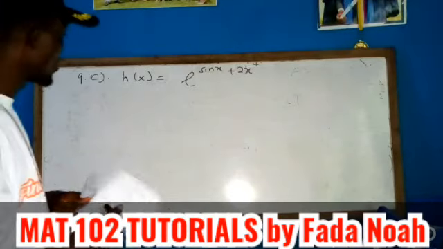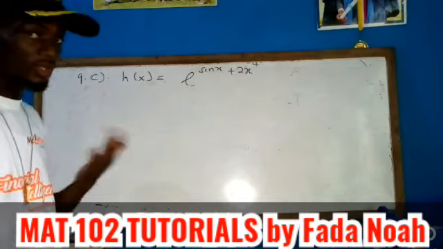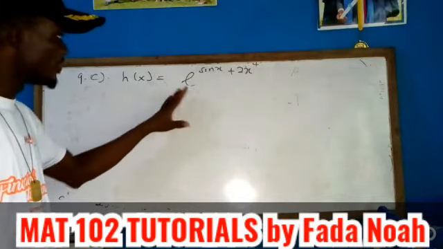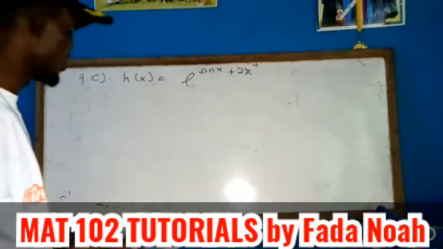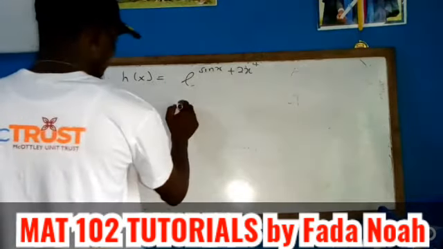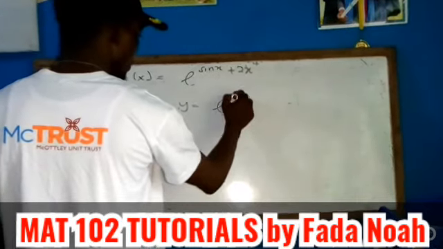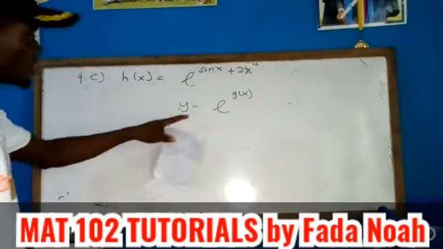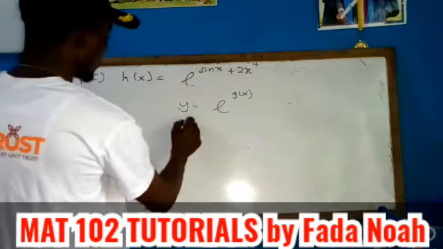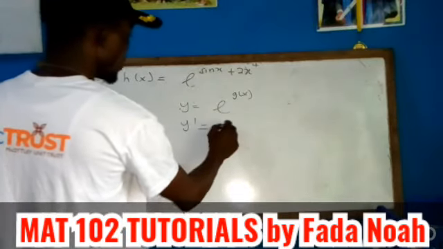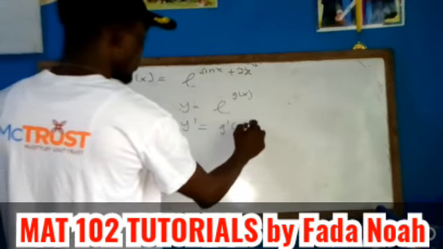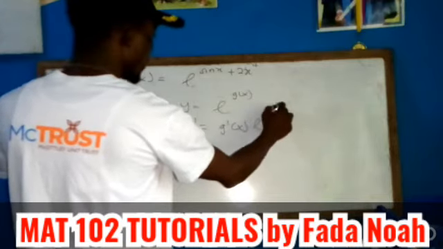And this function here is an exponential function, okay? And the rule for differentiating an exponential function is that when you have, let's say, y equal to e exponent g of x, the derivative of this one, which is y prime, will be equal to what? g prime of x times e exponent g of x.